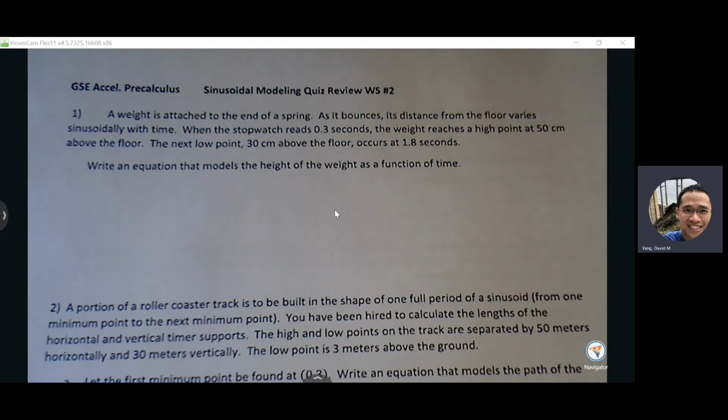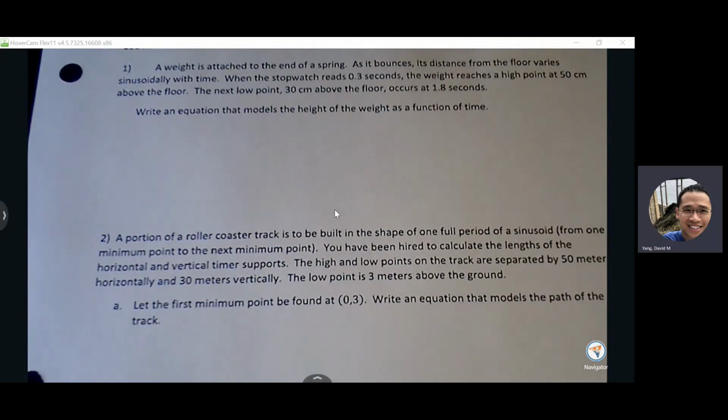I'm not sure how to get there. I'm looking at this graph here. This is my graph.